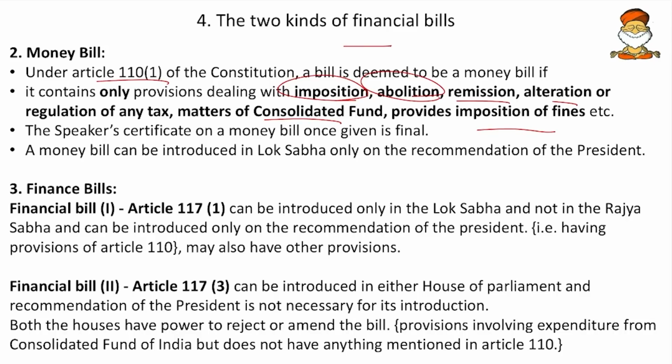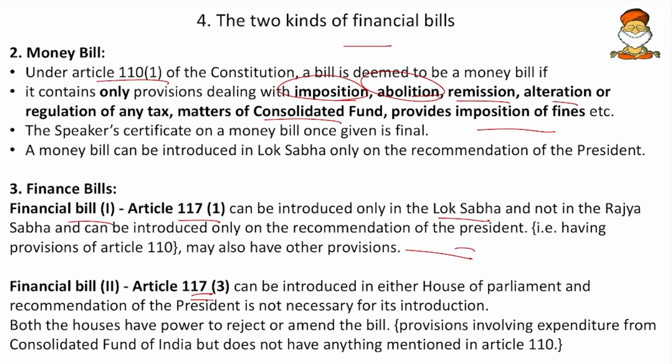But however, we have the financial bills. So here we have two kinds of financial bills. That is, the first bill comes under Article 117 Clause 1. The second one, Article 117 Clause 3. So the first type of financial bill can be introduced only in the Lok Sabha and not in the Rajya Sabha, and can be introduced only on the recommendation of the President.